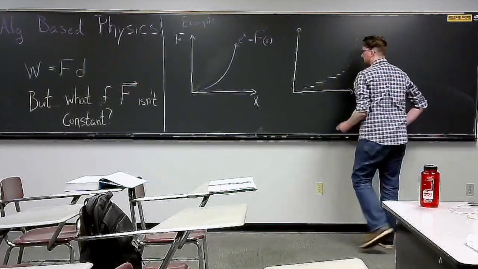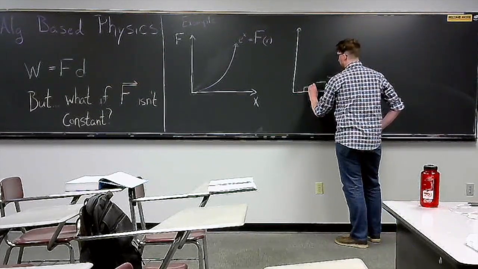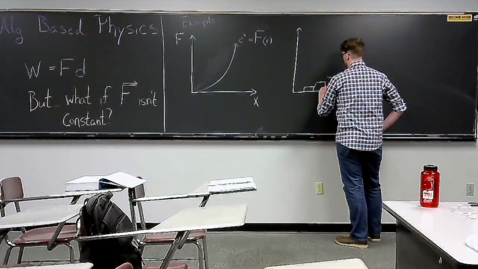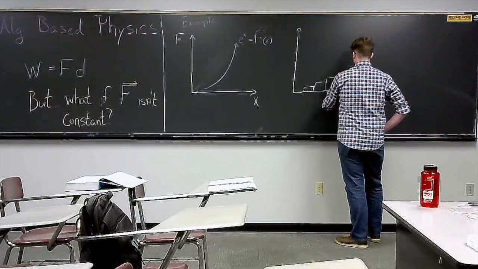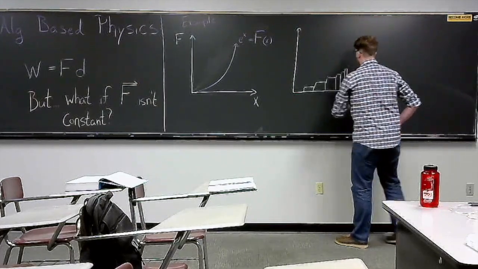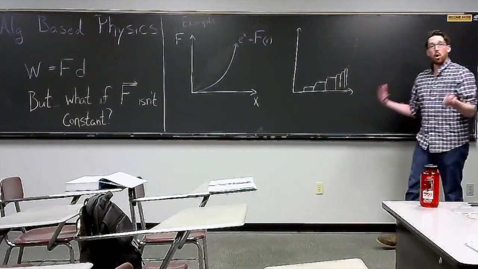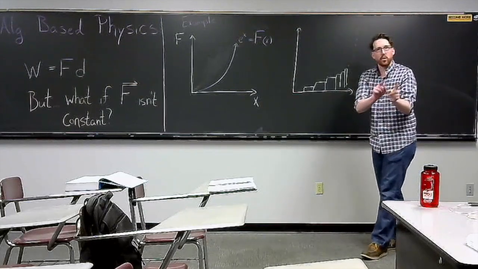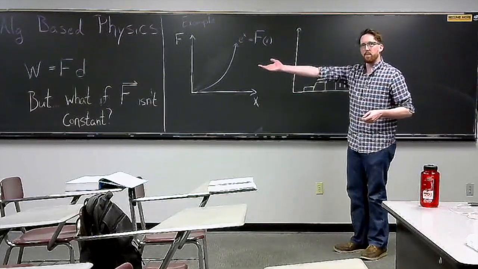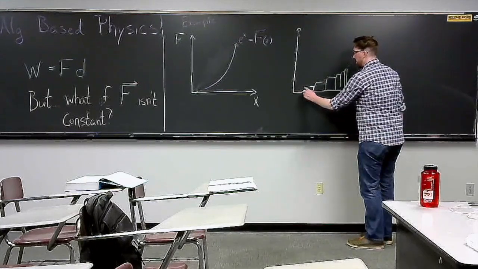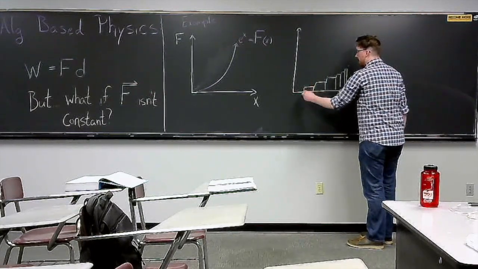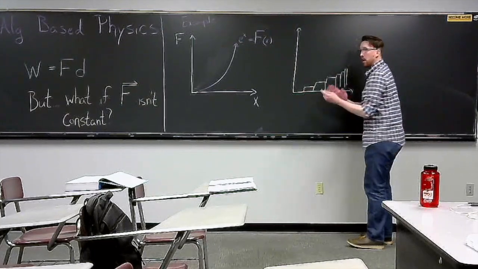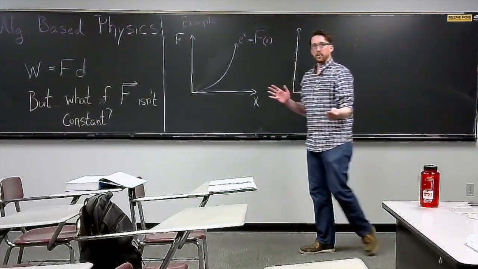I could form a bunch of rectangles and find the area underneath these rectangles and add all of those up. Because after all, that would be force, right? That would be the force, the height of that rectangle, times the width, the distance traveled through that rectangle.